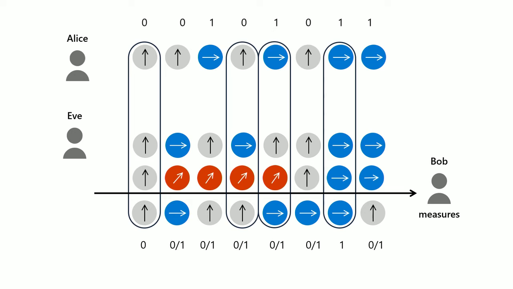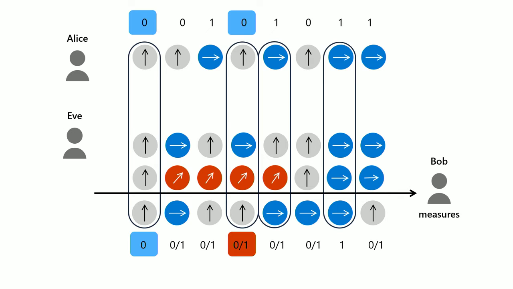So they take the ones that matched and compare their values, and they say, whoops, you know what? Because Eve measured and collapsed that second highlighted blue one there on the top, it got a wrong answer because Eve measured in a different basis, and so they got a 1 instead of a 0. And they passed that along to Bob, and Bob goes, wait a minute, we had the same basis here.